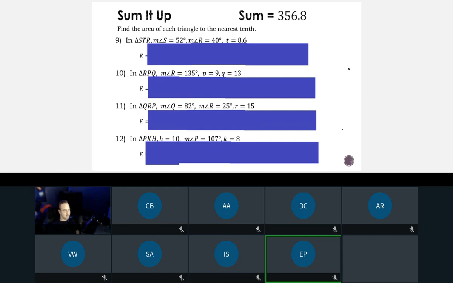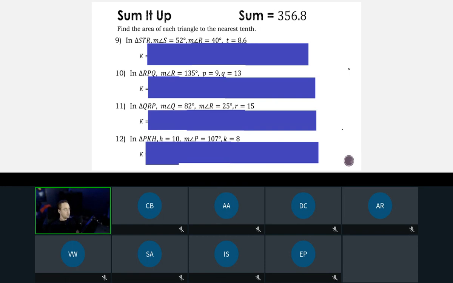I didn't mean 30. 358.3. Well, let's find out. There's a good chance I'm wrong because I'm seeing a lot of answers that are very different than mine. Looks like as a majority, a lot of you got 350.5. So let's take a look. I probably just can't add numbers.